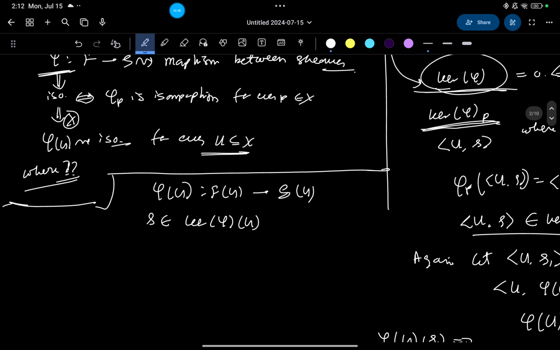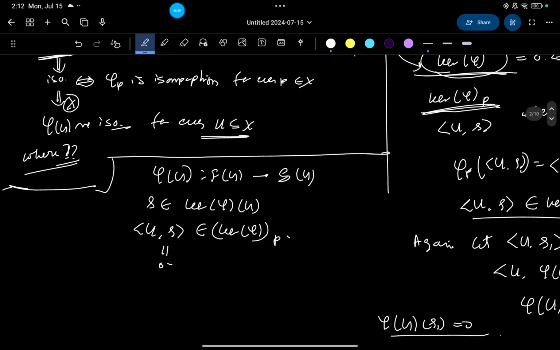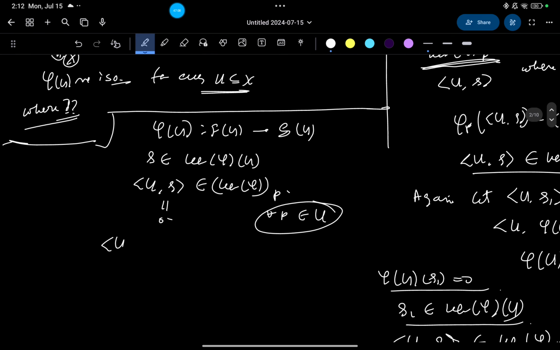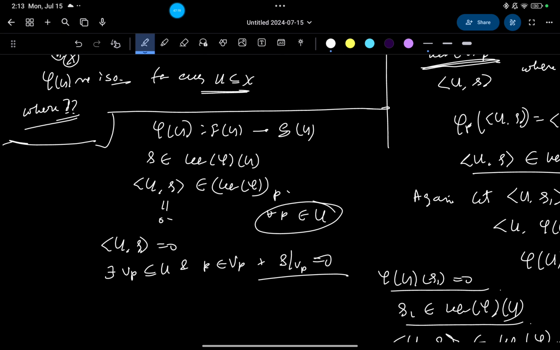So u comma s belongs to kernel phi of p, so it is 0 for every p belonging to u. So u comma s is 0, so there exists Vp subset of u with p belonging to Vp such that s restricted at Vp is 0.